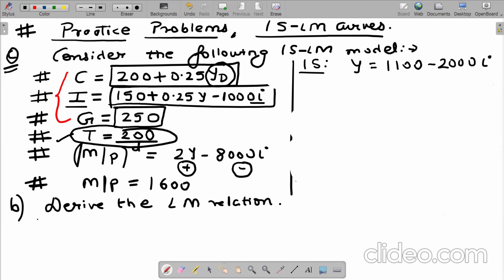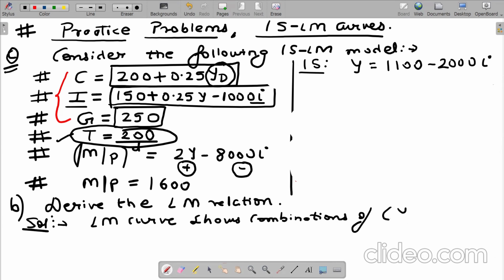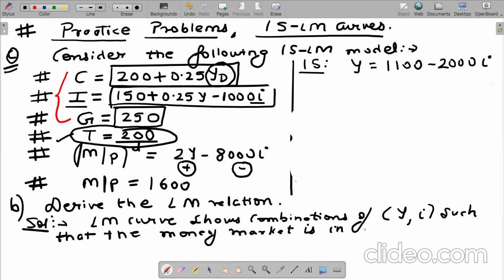Now students, let's first of all understand and revise what the LM curve is. The LM curve shows combinations of output and interest rates such that the money market is in equilibrium. And when is the money market in equilibrium?